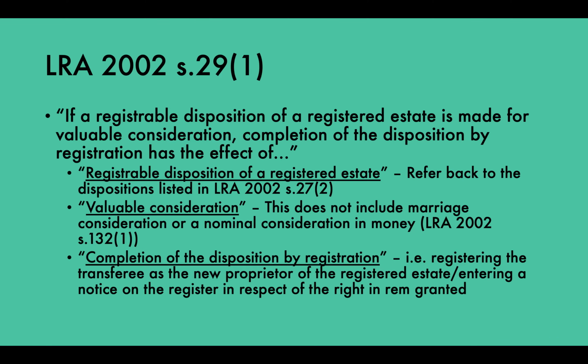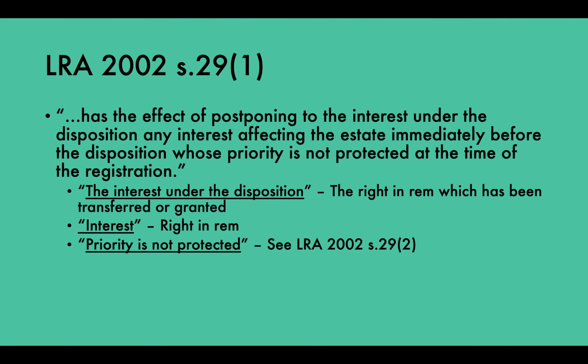From section 27, registering a registrable disposition means that the interest under the disposition achieves legal status, as registration is a substantive formality requirement for these legal rights in rem. So once the disposition in question is registered and all the boxes are ticked, it will then have the following effect. It has the effect of postponing to the interest under the disposition any interest affecting the estate immediately before this disposition whose priority is not protected at the time of the registration.